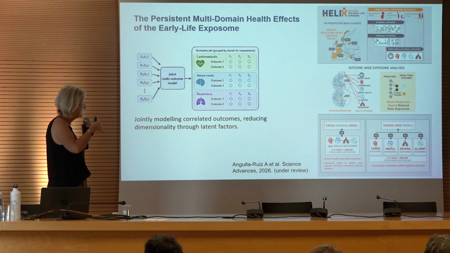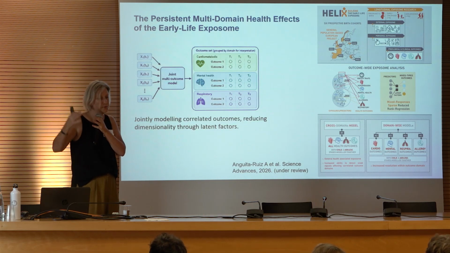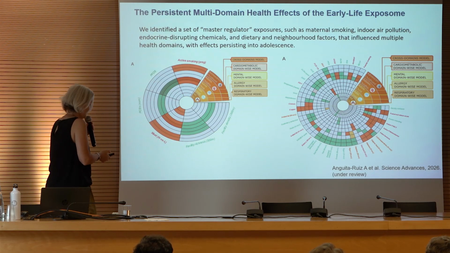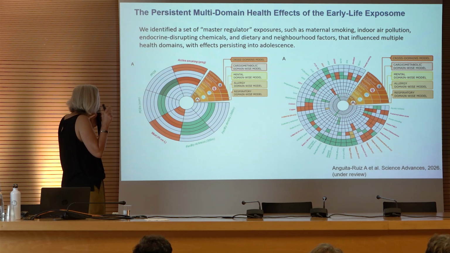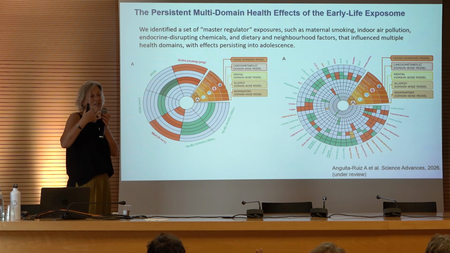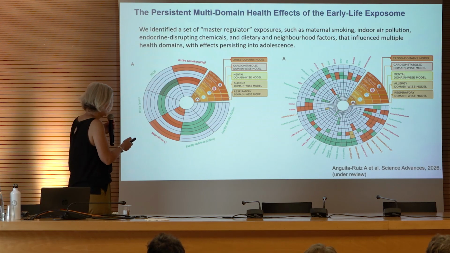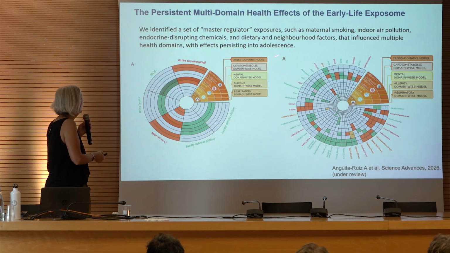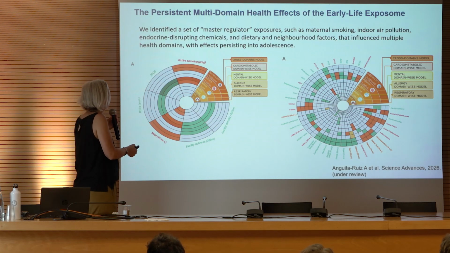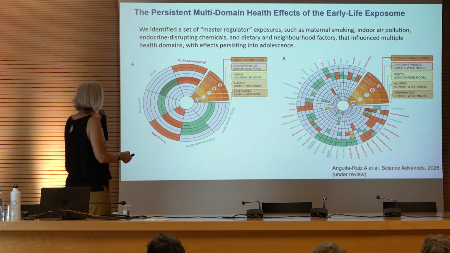So this takes into account the correlations within the exposures, but also within the outcomes. And you can get some results that describe these sort of master regulators, these exposures that seem to affect more than one health outcome domain. And in this case, we found maternal smoking, as we found in our single outcome studies, indoor air pollution, some endocrine disrupting chemicals, some dietary variables, etc.